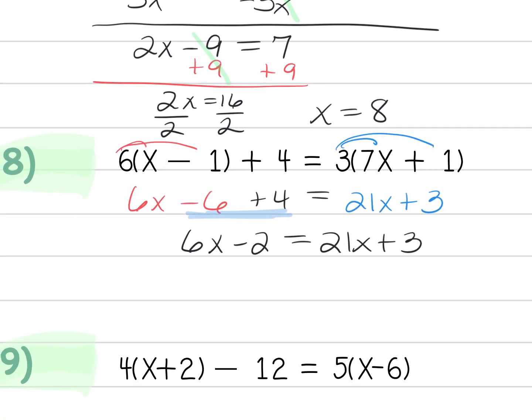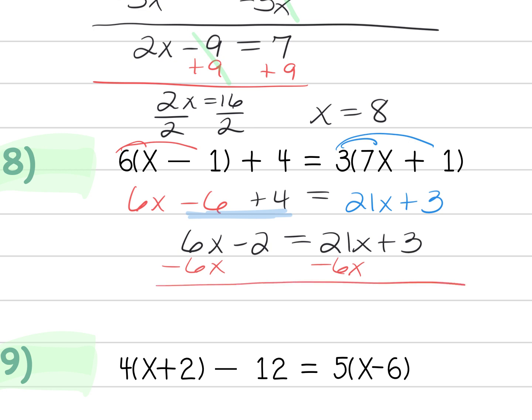Now I can start moving my variables together and my constants. It doesn't matter which way you move it. Now, if you noticed all the other examples when I worked it out, I always had moved my variable to the left. You don't always have to move it to the left. You can also move it to the right. So if I wanted to move the 6x over to the 21, I can do that.